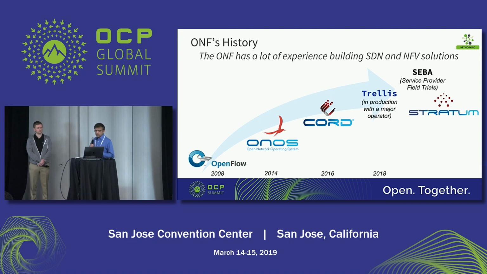All of this was based initially on OpenFlow, and used ONOS to enable telcos and service providers to utilize their resources efficiently with CORD, and now with SEBA, which you probably heard in some of the talks earlier, which is basically SDN-enabled broadband access for residential solutions.